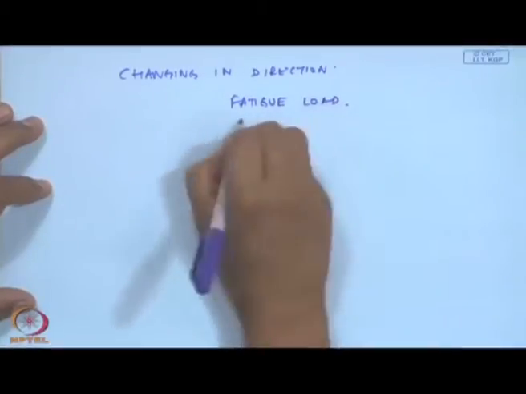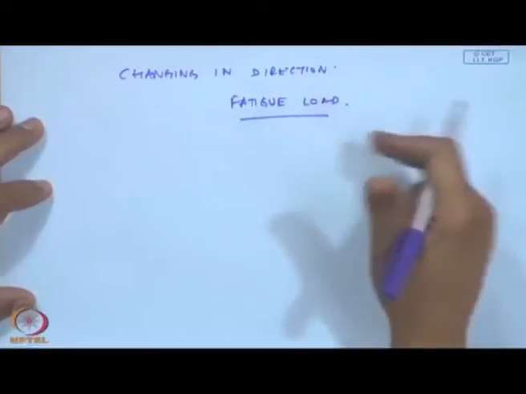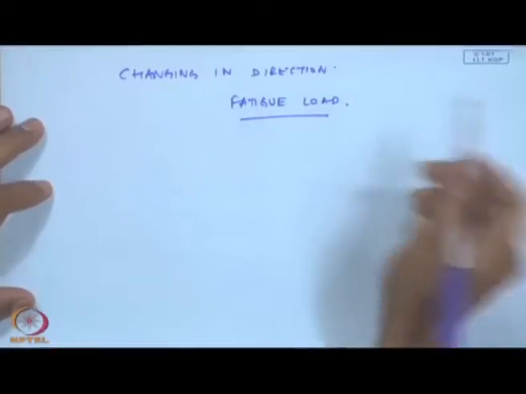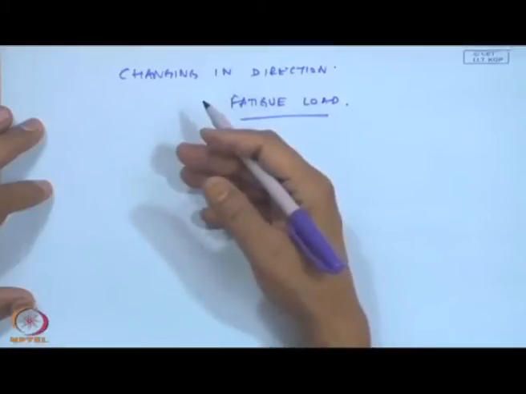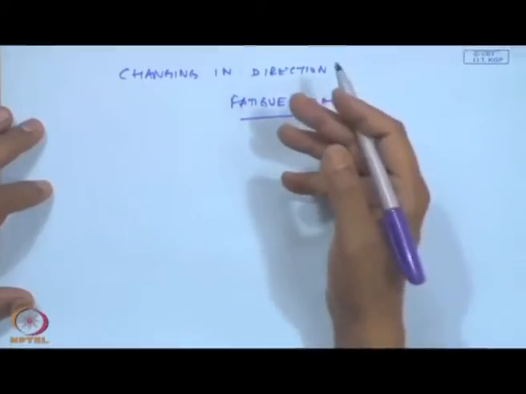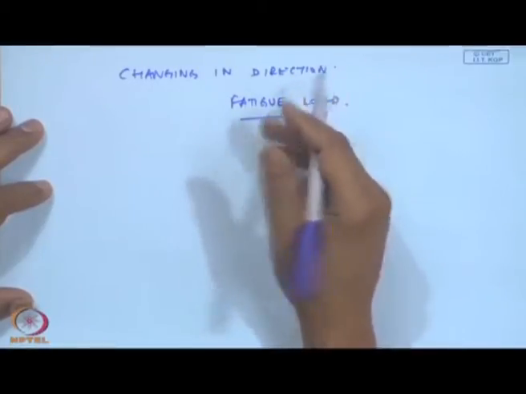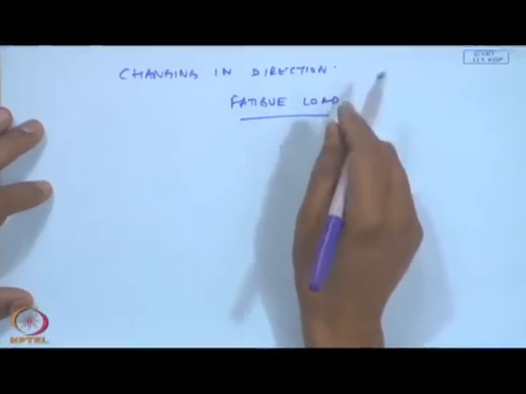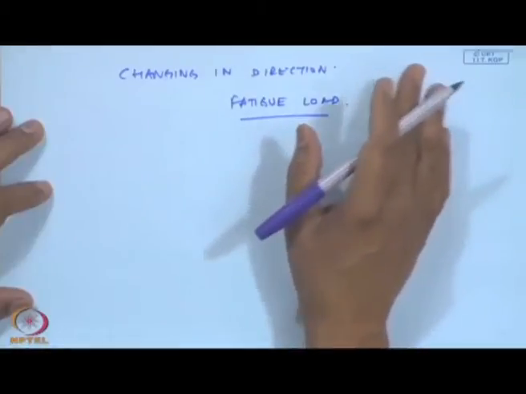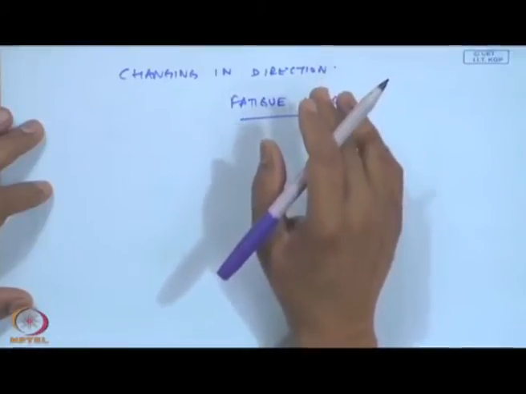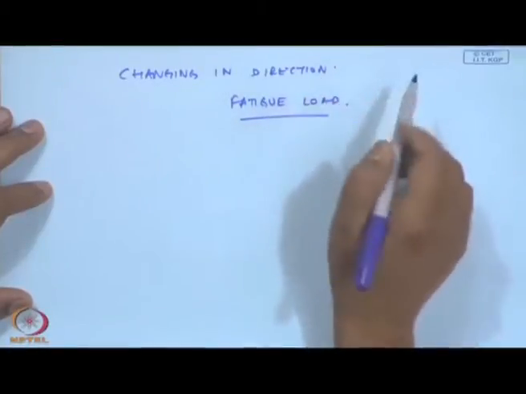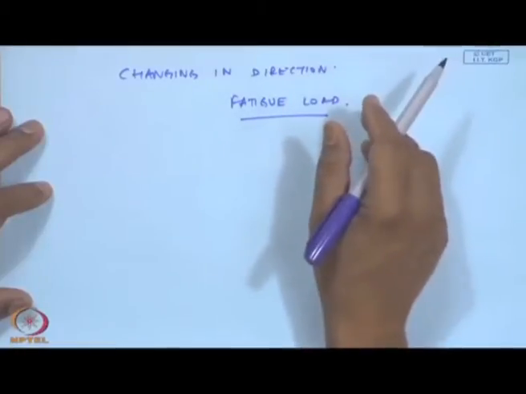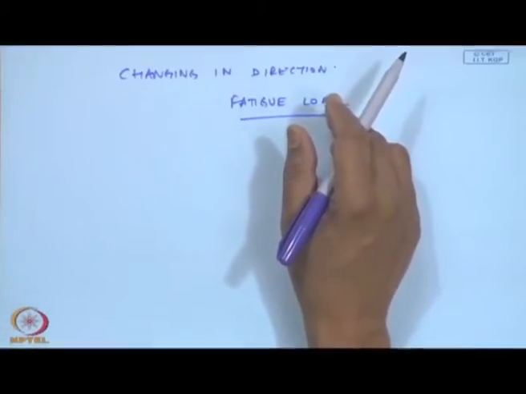So, the problem gets compounded. You see, a small delta x which has gone unnoticed will create a fatigue load, and because of fatigue, our systems are going to fail much earlier than they were designed for. Okay. So, to avoid such fatigue failure because of misalignment, we have to ensure that this delta x, delta y, delta z are kept to a minimum.